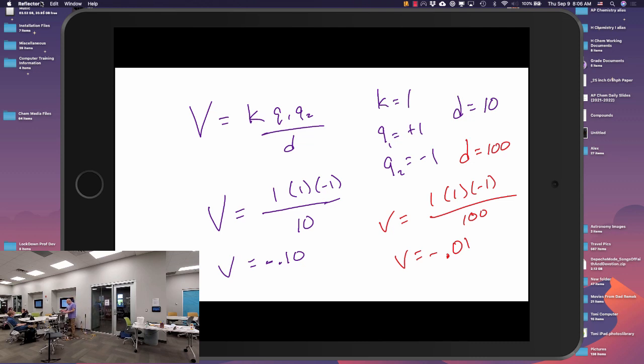If I change this, and I make this positive, okay? What happens? The one on the left is greater than the one on the right. So now it's going where? Oh, down. It's going down.